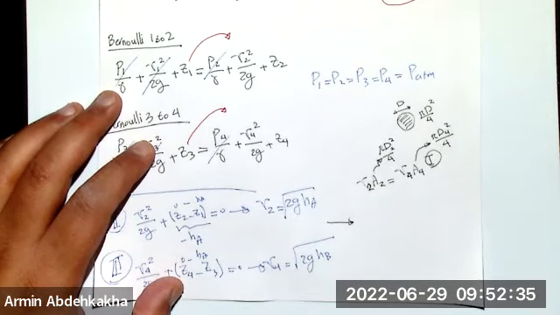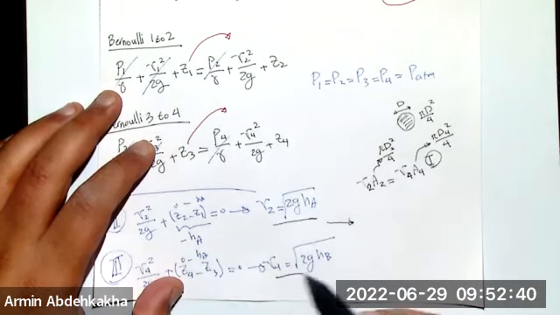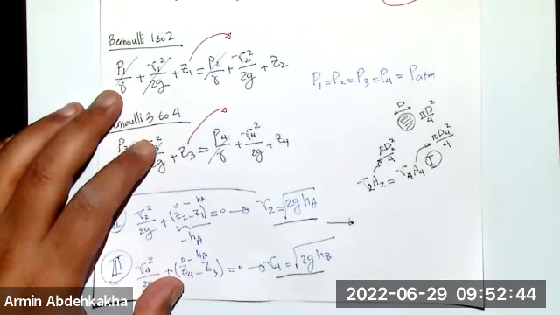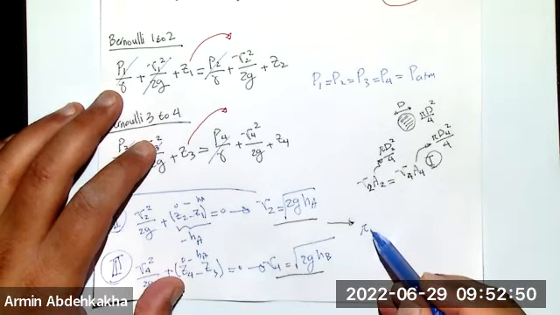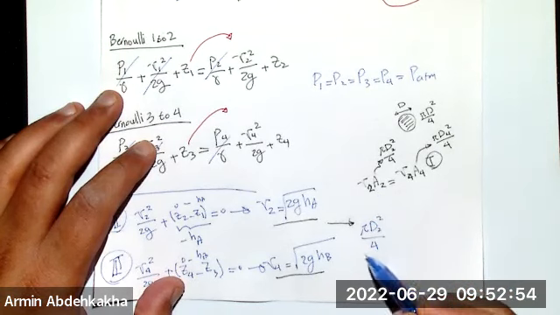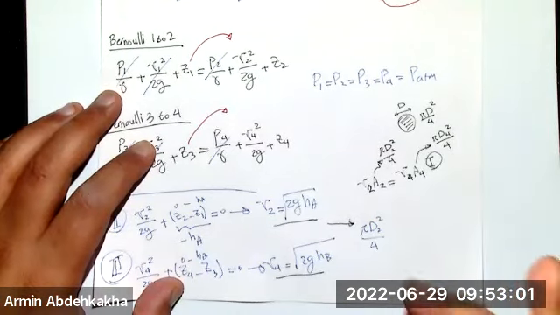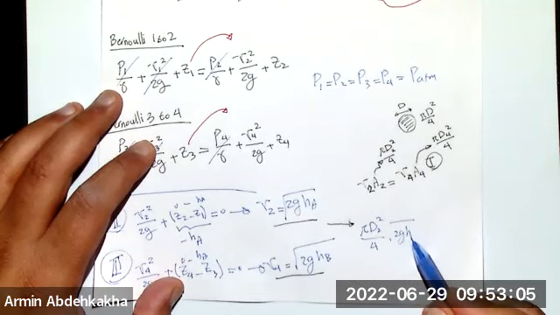What about V2 and V4? I can replace them with these two terms, right? I will combine all together. And finally, if I replace these two, I will have pi D2 squared over 4 times V2, which is square root of 2GHA.